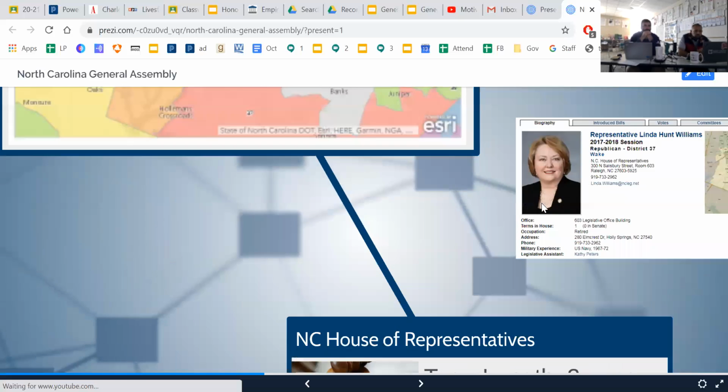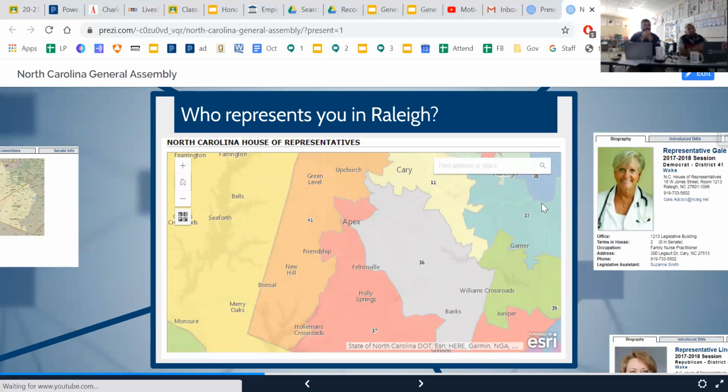Switching over, though, there is a great site that we will spend some time on talking about who represents you. Really just Google "who represents me in NC" and put your address in there and you'll be able to see what the districts look like. Again, these districts have been fluid over the last few years. You can look at Apex and the fact that in Apex alone you really have 3 different districts.